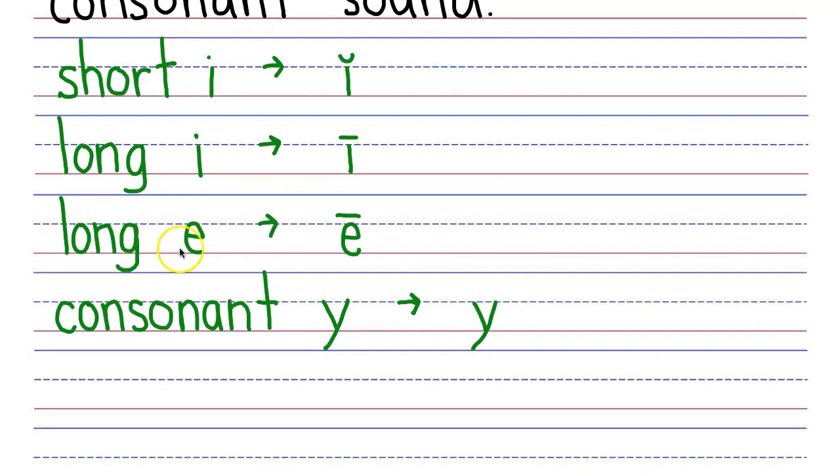It makes a long E, which looks like this in a dictionary. And it makes the consonant Y sound, Y, which is represented as just a Y in the dictionary.